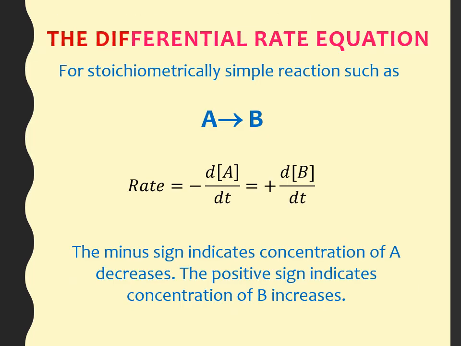Okay. All right. Let's look at the differential rate equation step by step. For stoichiometrically simple reactions such as A becomes B, we have done this. Rate equals negative d[A]/dt equals plus d[B]/dt. The minus sign indicates the concentration of A decreases, whereas the positive sign indicates the concentration of B increases.